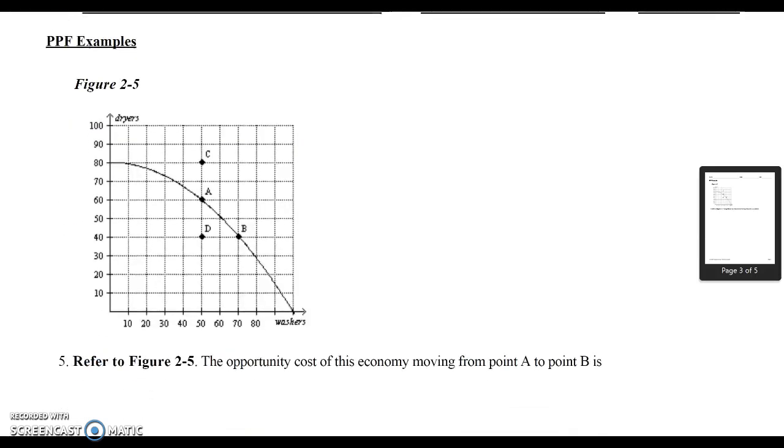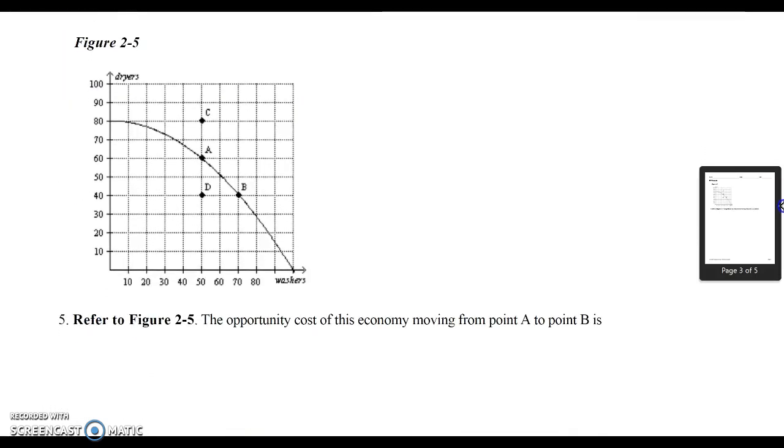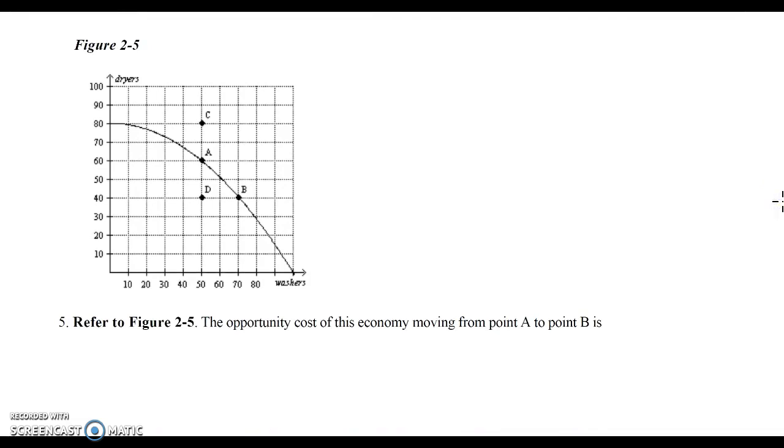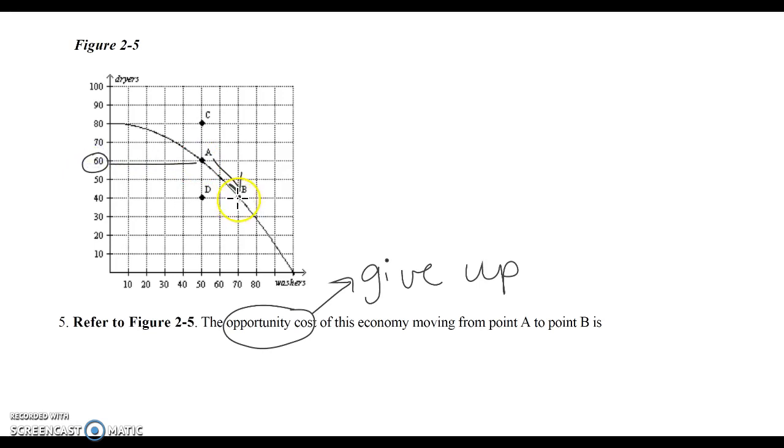All right. Question 5 says refer to figure 2-5, the opportunity cost of this economy moving from point A to point B. So we're going like this. And remember, opportunity cost is what you give up. So what we need to look at is at point A, we had 60 dryers, and at point B, we had 40 dryers.